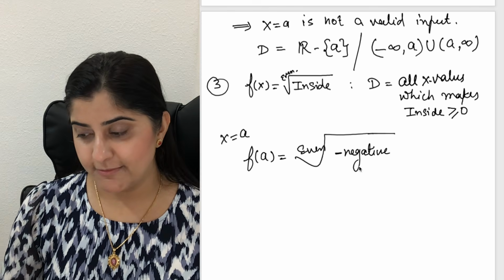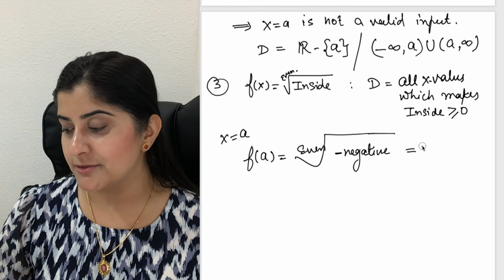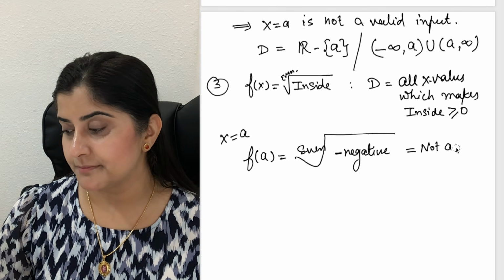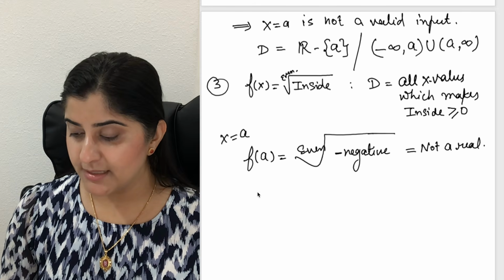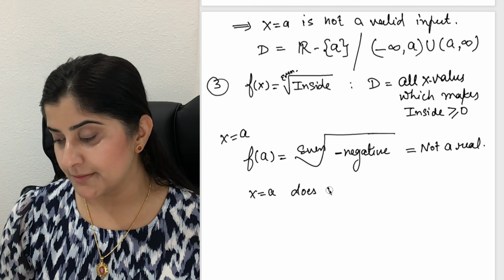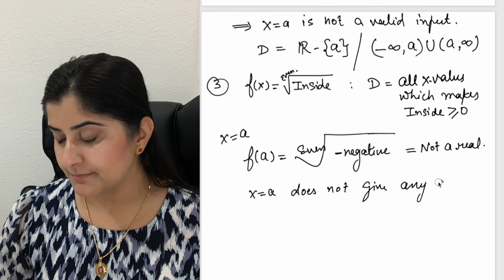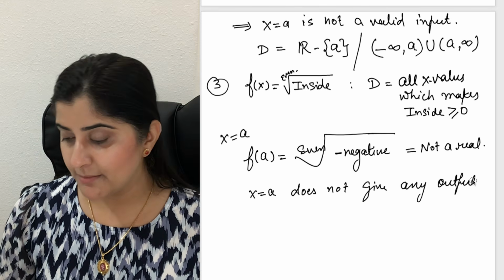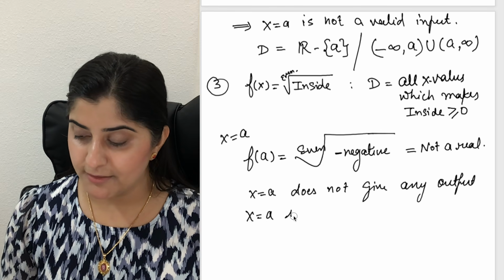The square root of a negative is not a real number. So that means x is equal to a doesn't give us any output. So x is equal to a is not a valid input.